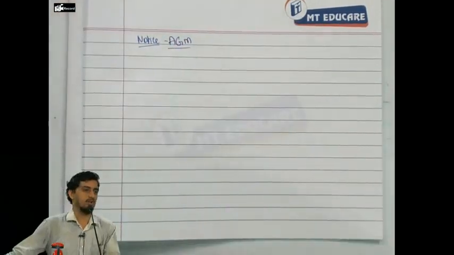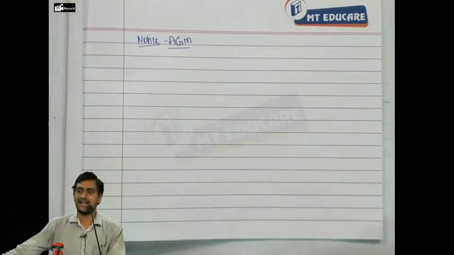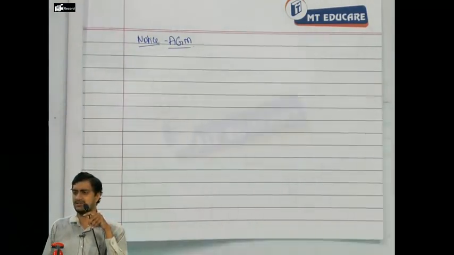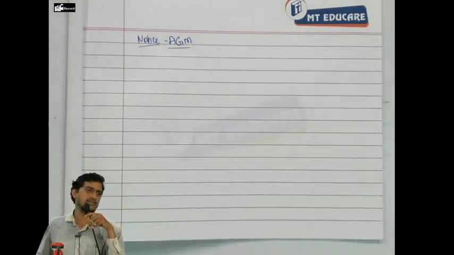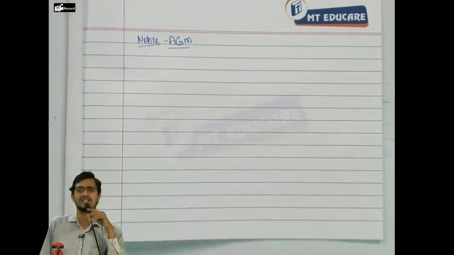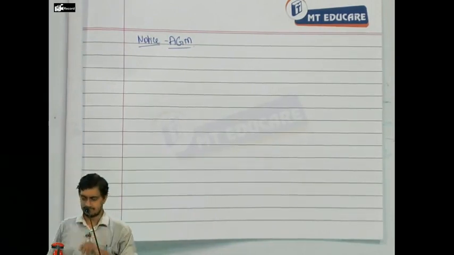Particularly, I am going to discuss notice of an annual general meeting. Once I discuss the particulars of a notice of an annual general meeting, any other notice you yourself can write, be it notice of an extraordinary general meeting or notice of a statutory meeting.